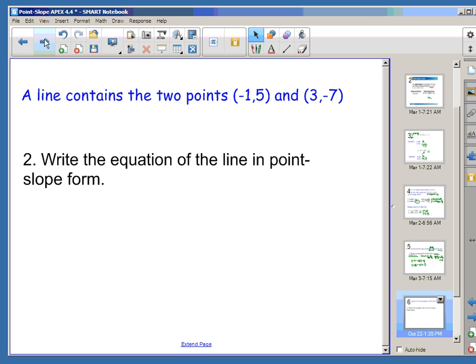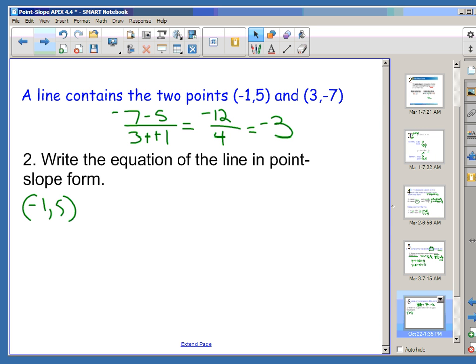So let's calculate the slope. -7 minus 5 over 3 minus -1. -7 minus 5 is -12. 3 minus -1 is like 3 plus 1, so over 4. So the slope is -3. So again, we can write two equations. The first one will be with the point -1, 5.